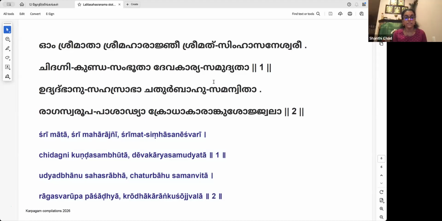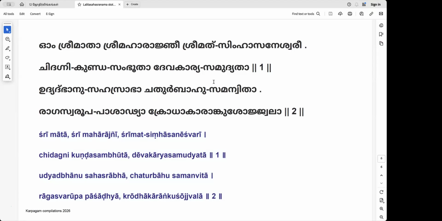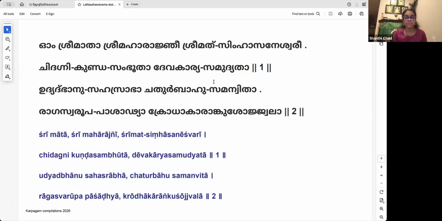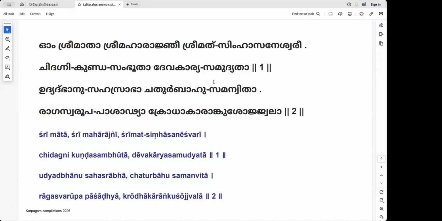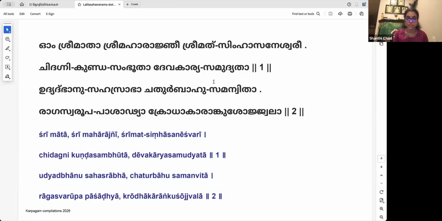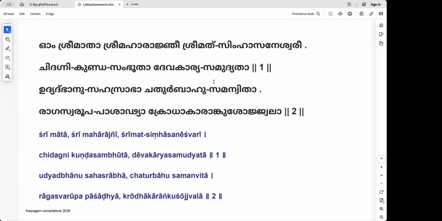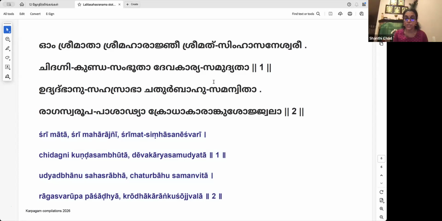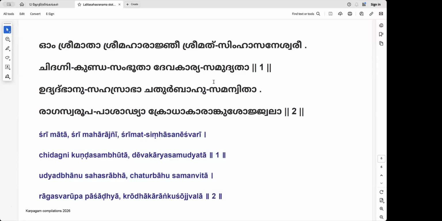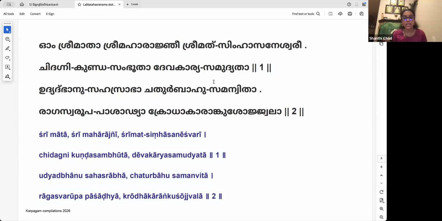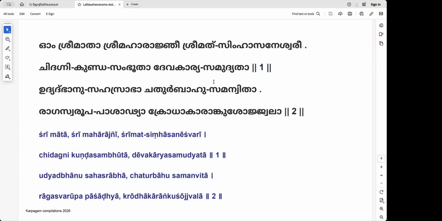Raga Swarupa Pashadhya. Krodha Karan Kushojvala. Can you repeat it?